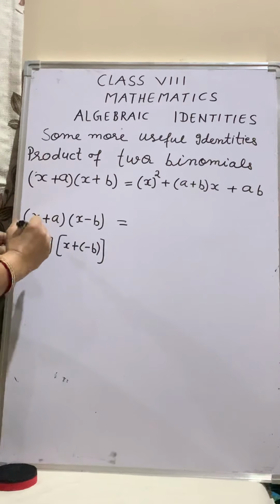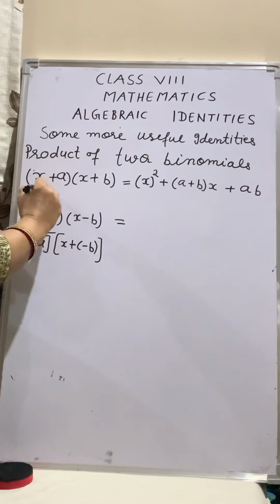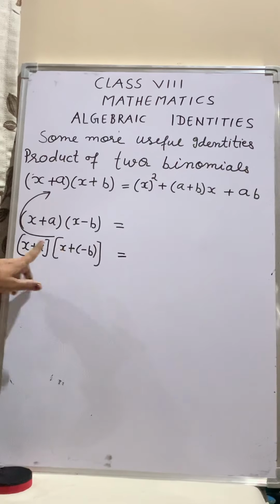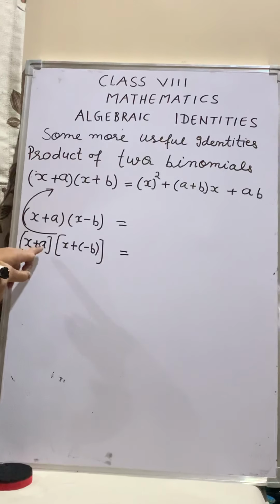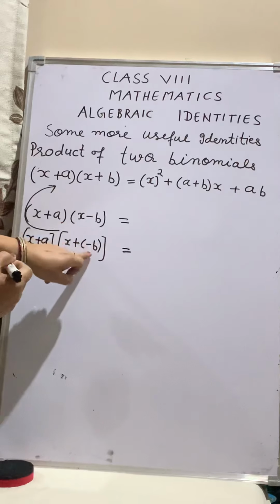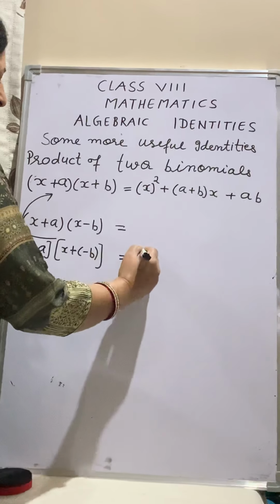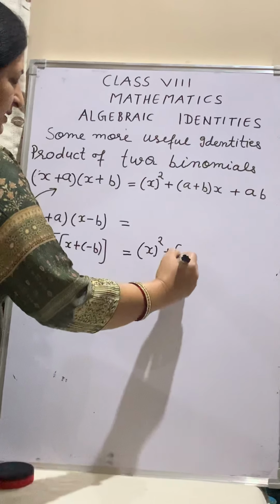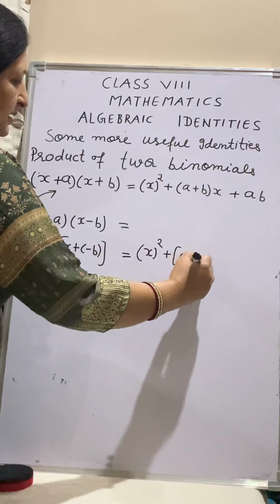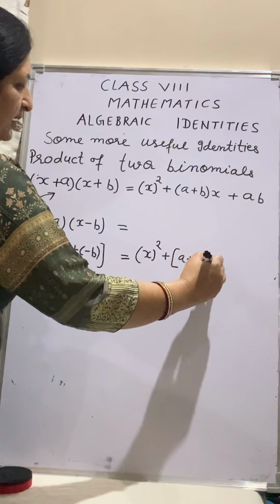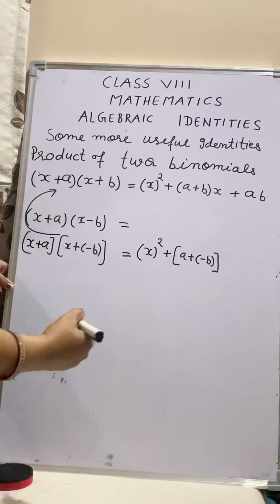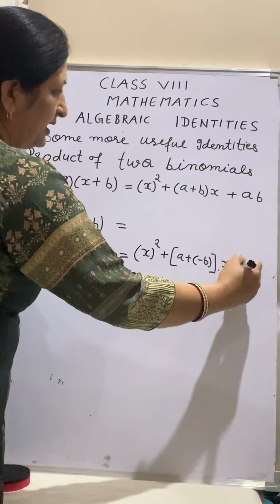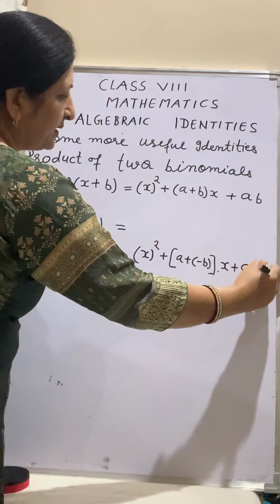We can make it the same. First term is the same, second it is plus and it is minus. We can write x whole square plus a plus minus b into x and plus a multiplied by minus b.